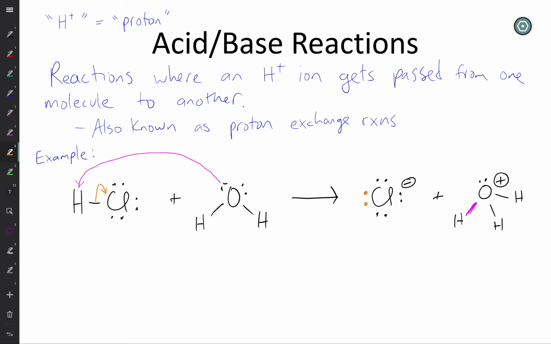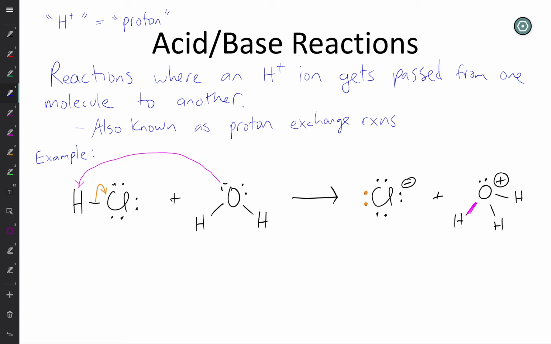For acid-base reactions, this is what the curved arrows always look like. Generally, it's a lone pair from one atom going out, forming a bond to the hydrogen, and then you break the bond from the hydrogen and give the electrons to the other atom. Terminology: the thing that is giving up the proton is called the acid.